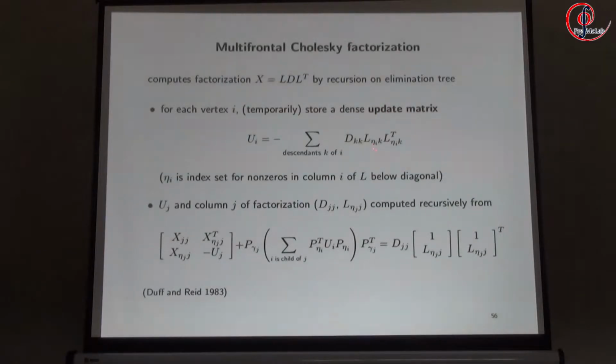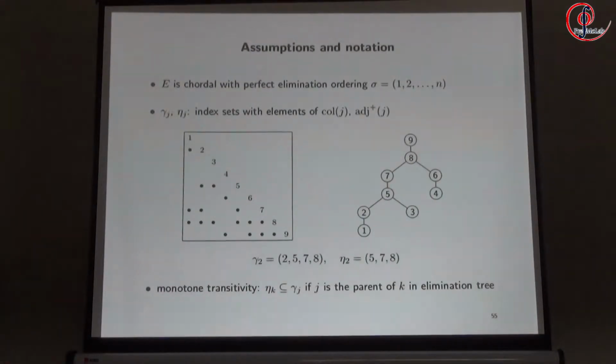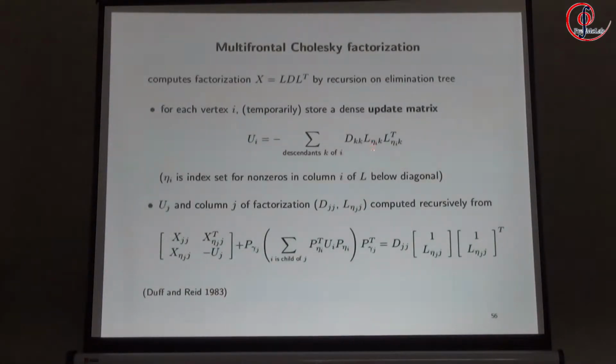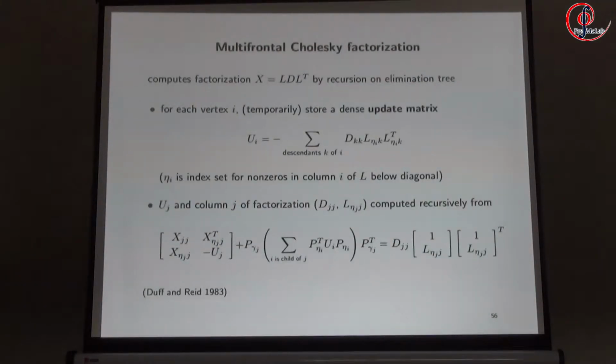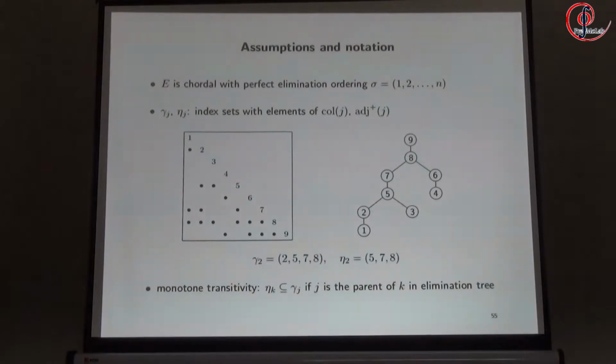In column k, you only take the subvector with row indices that correspond to the non-zeros in column I. And we know from this last property that that certainly includes all the non-zeros in column k. So this is a dense submatrix, and you associate one of these update matrices with every vertex in the elimination tree. We don't really need to store it, we only need it as an auxiliary variable when we pass through that vertex during the factorization.